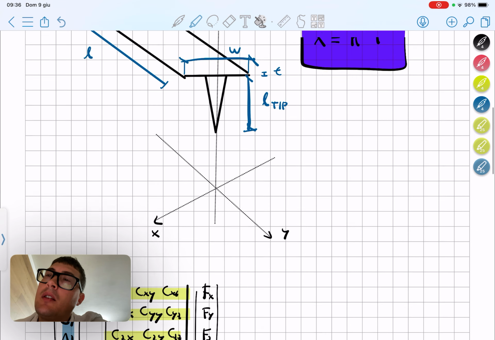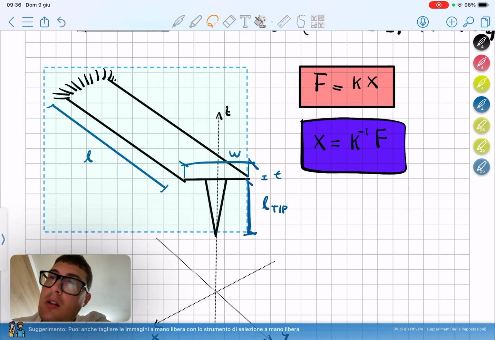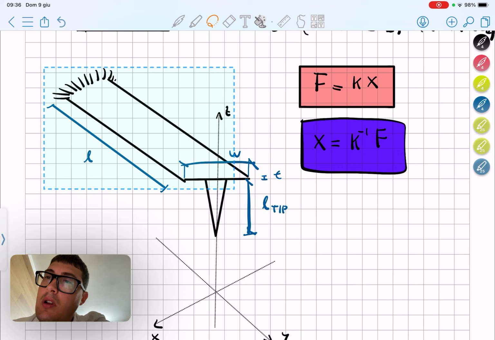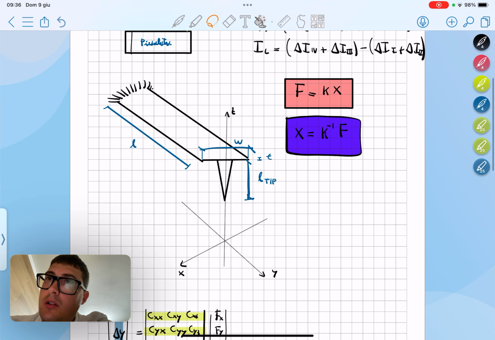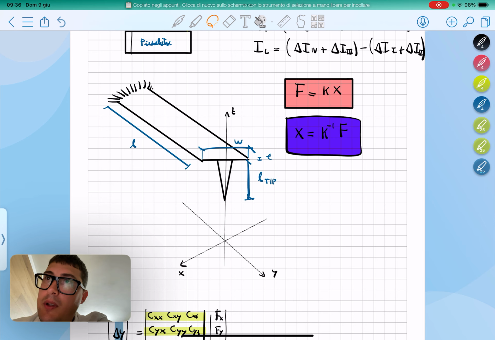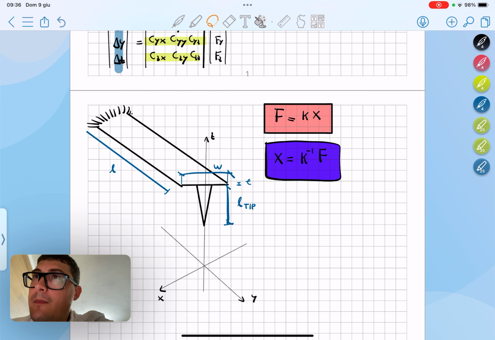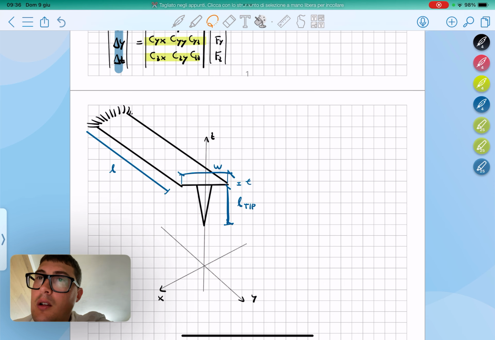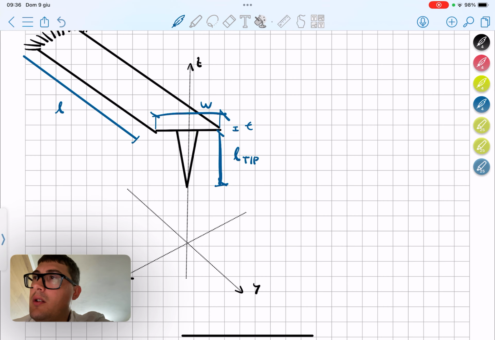So let's begin our discussion by considering a force. Let's start the first part in which we apply a force in the z direction, f of z.